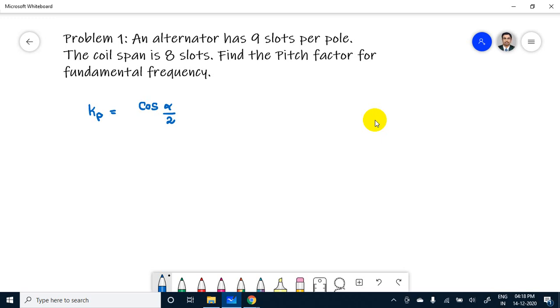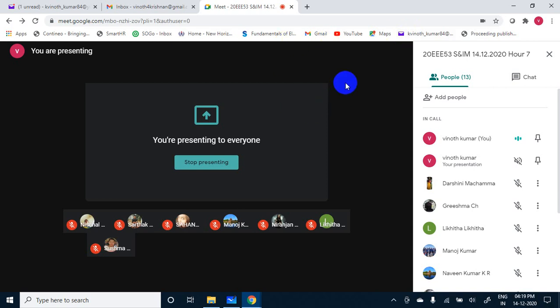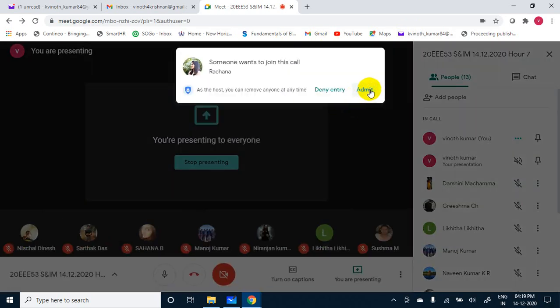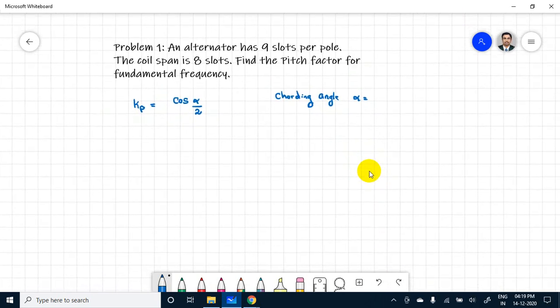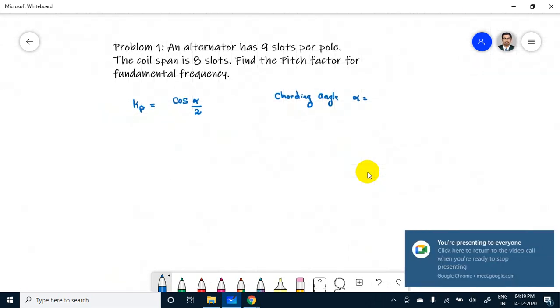But we don't know what alpha is. Alpha is the coordinating angle.